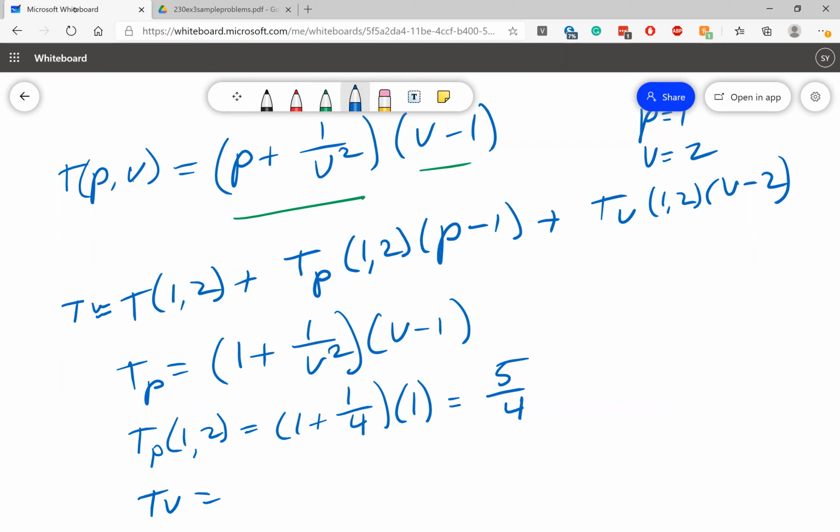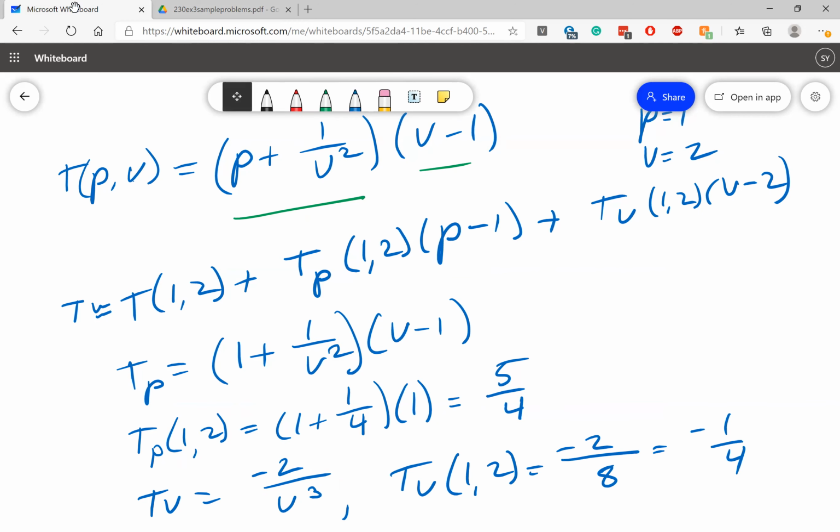V squared times derivative is 0, and then this times derivative of V squared, so negative 2V over V to the fourth, and so then these V's cancel, and we get negative 2 over V cubed. So partial T at (1, 2) is going to be negative 2 over 8, which is going to be negative 1 over 4.